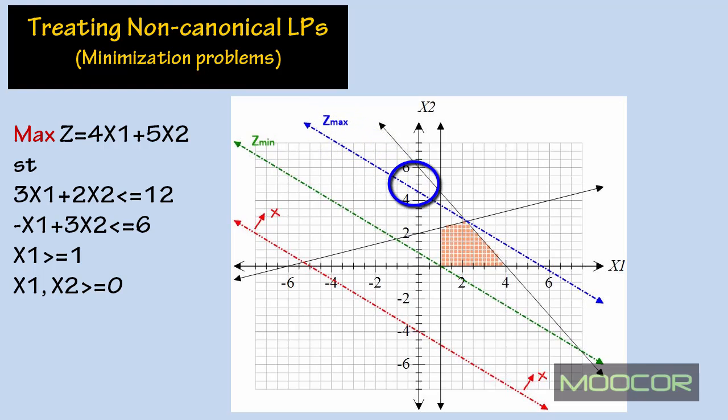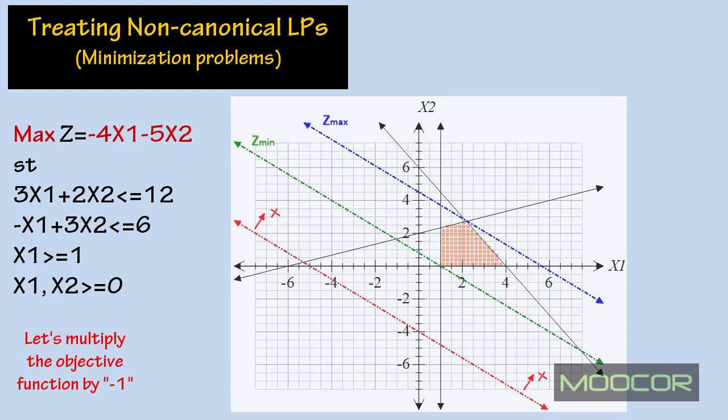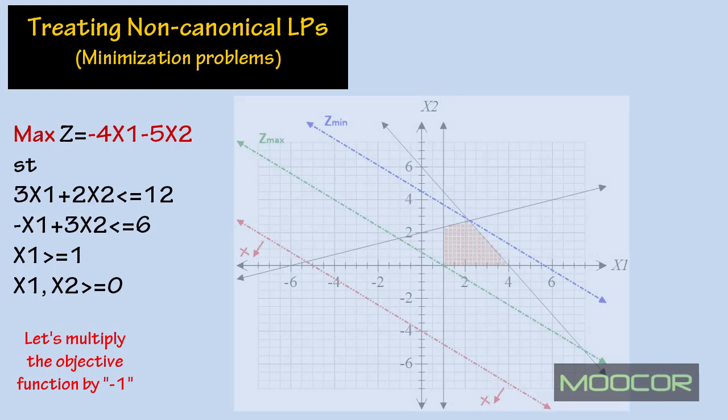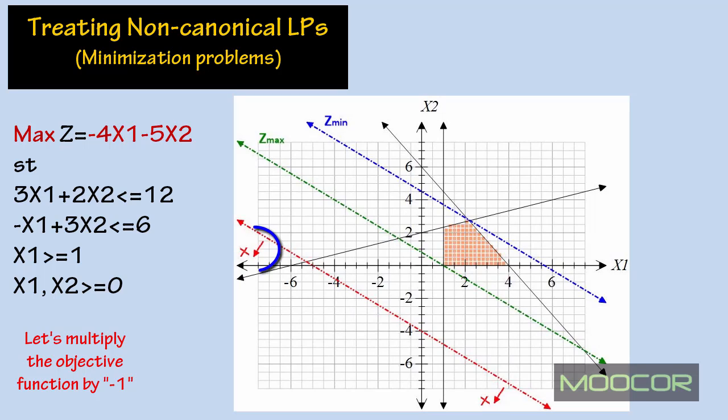Let's multiply the objective function by a -1. Now you notice that the only change that occurs is that the direction of increase on the Z line reverses, and thus the max and the min will change their respective locations.